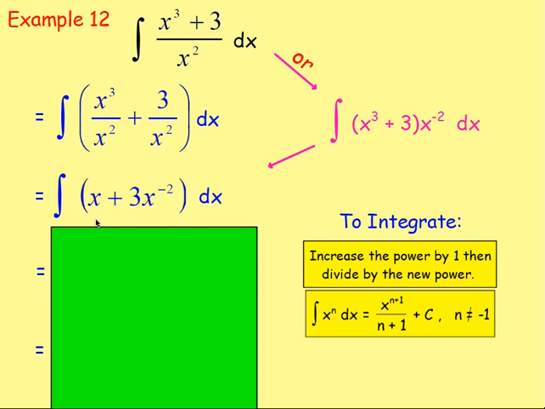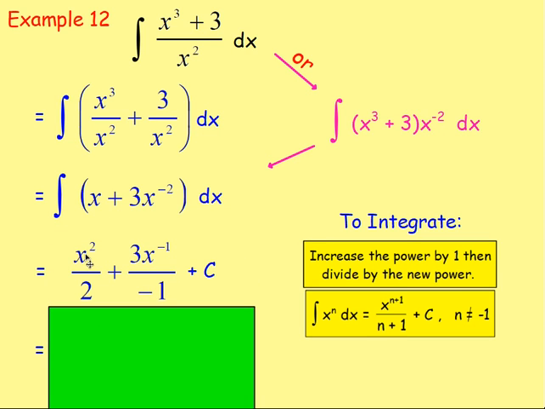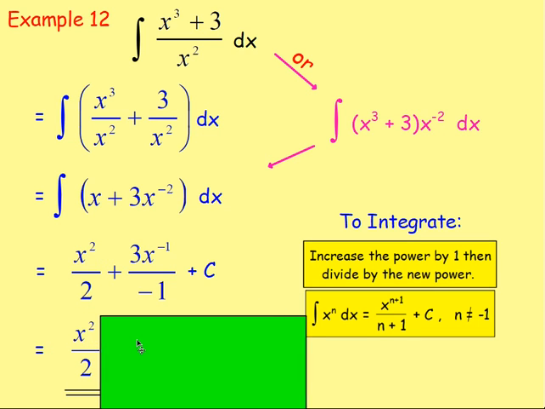There are no roots, x is not in the bottom of a fraction, so add 1 to the power. That would give you x to the power of 2 divided by 2. And 3x to the negative 2, add 1 to the power, goes to negative 1, divide by that negative 1, that's what you get. And remember, when you integrate, you need plus c. From there, you can say, well, that would stay as x squared over 2, or you could write half x squared.